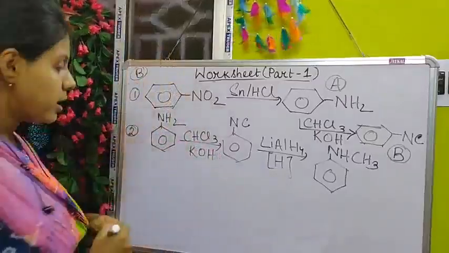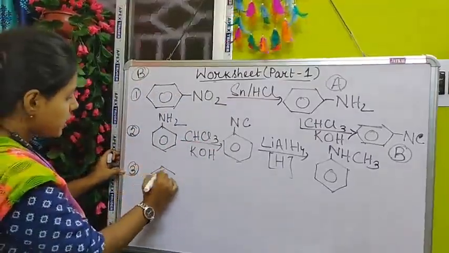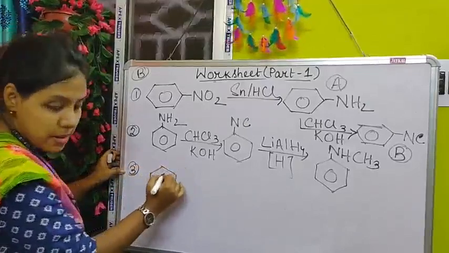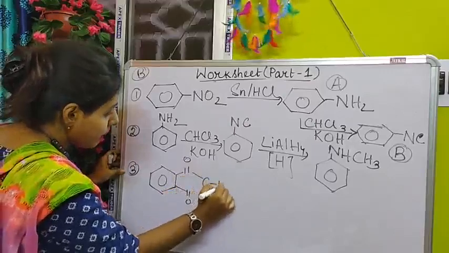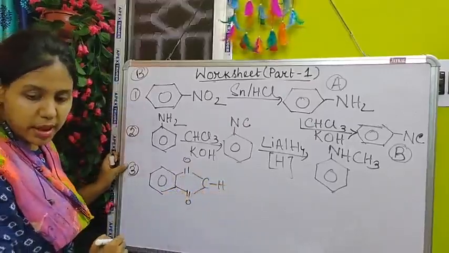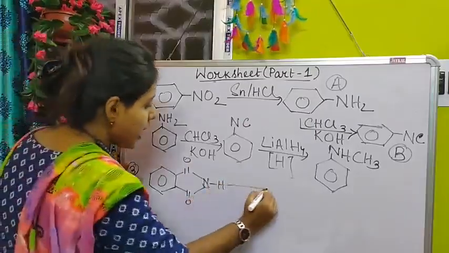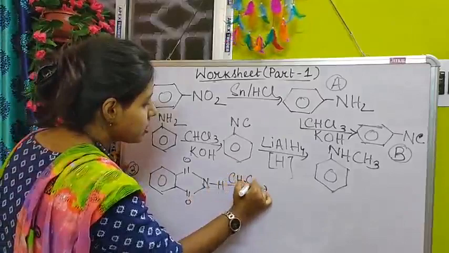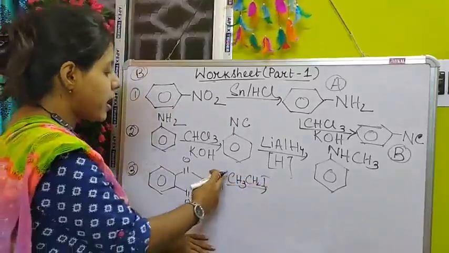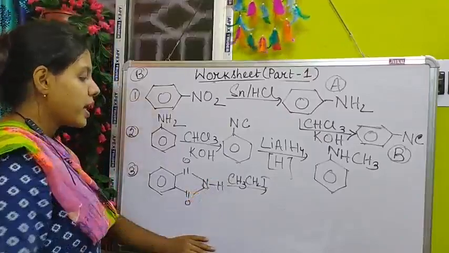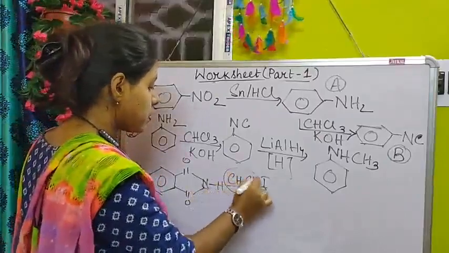Now the third reaction, there I have given this part. This is just like the Gabriel phthalimide synthesis, which has already been discussed today, though I am writing it. This was given initially, NH, and then ethyl iodide has been added. So what will happen now? This hydrogen will be replaced by this ethyl group, right?